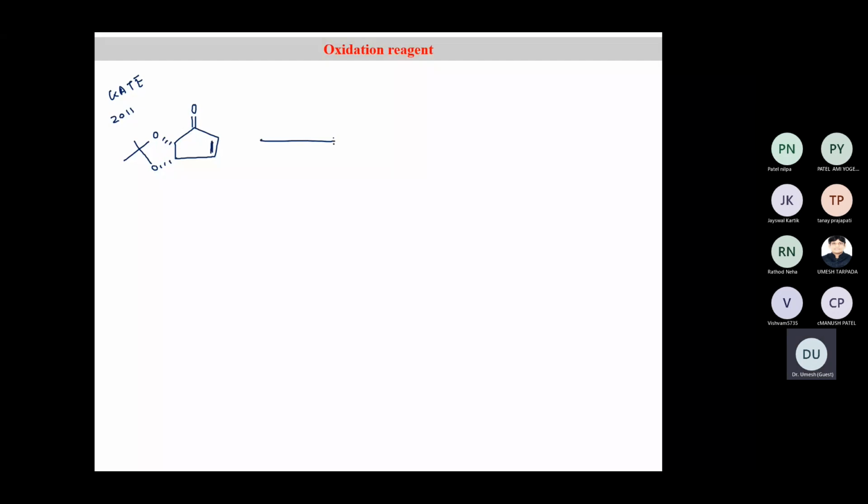When it reacts with Cu, this is a reagent, R twice Li. This is a Grignard reagent, OSMe.